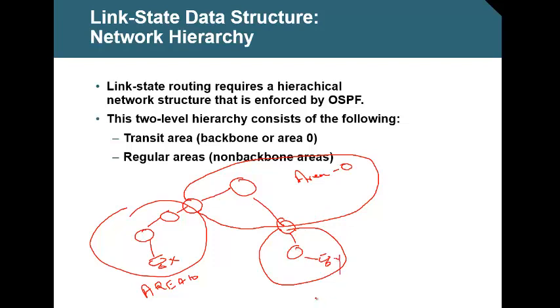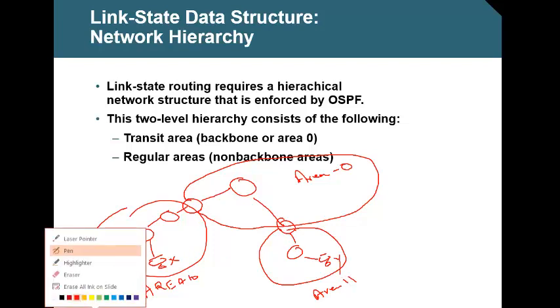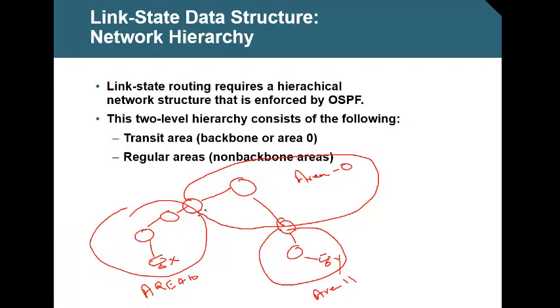Now area 11 Y and area 10 X want to communicate. The packet needs to go through, transit is the clue, through area 0 in order to communicate.